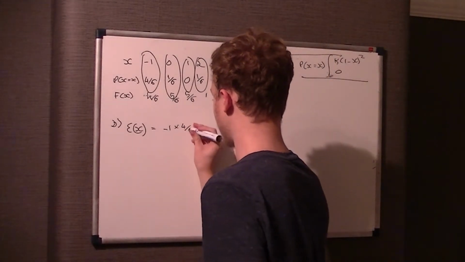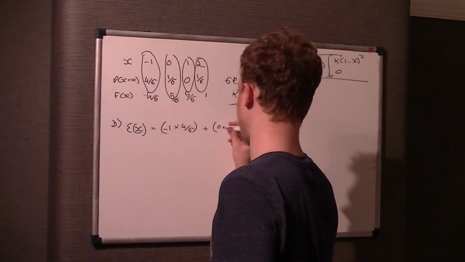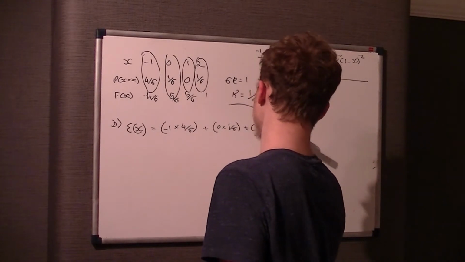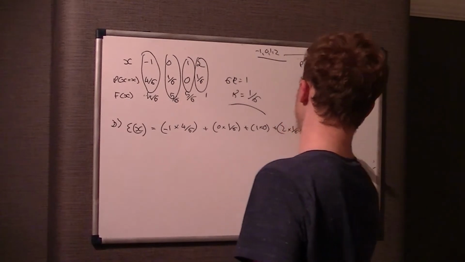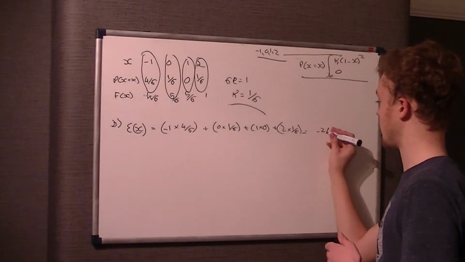So, -1 times 4 sixths, plus 0 times a sixth, plus 1 times 0, plus 2 times a sixth. You work that out, it's going to be -4 sixths plus 2 sixths, negative 2 over 6.